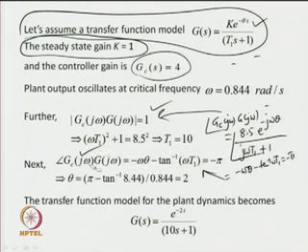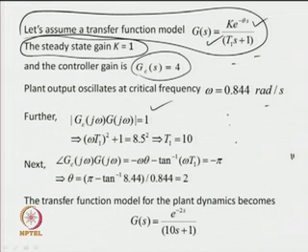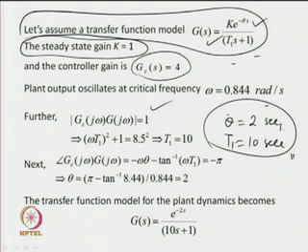So, what we have done in this case is estimate the two unknowns of the process model, theta and T 1. Now, theta is equal to 2 seconds and T 1 is equal to 10 seconds. So, we have accurately estimated the dynamics of the process.